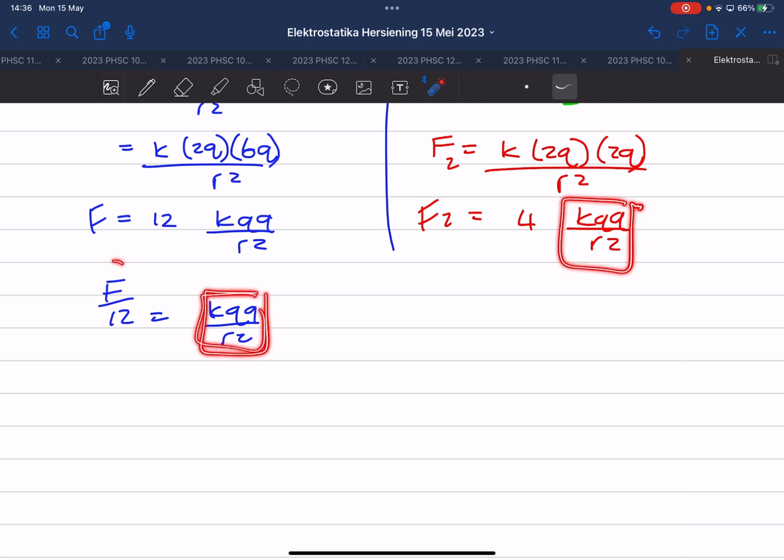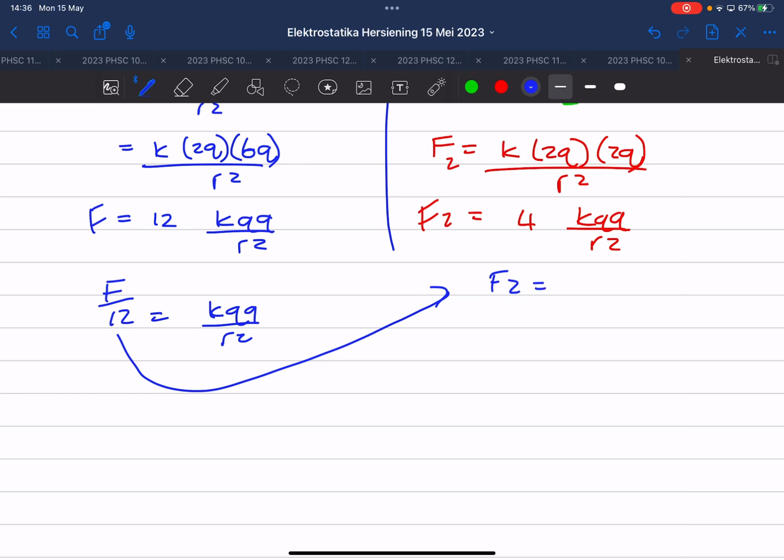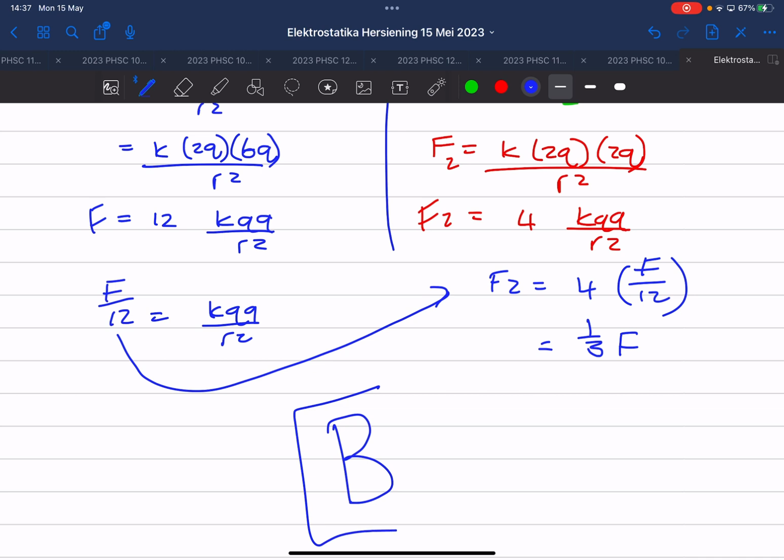And that is now equal to F divided by 12. So instead of writing all of that, I can just say F2 is equal to 4F divided by 12. 4 divided by 12 is a third of F. Okay, and then you see your answer there is B. Your answer is B, for beautiful.